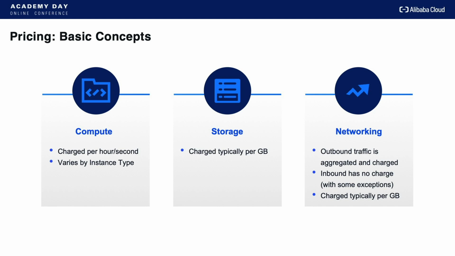Perhaps it's best to explain this concept with a simple example. Say you own a website and you choose to run your website on Alibaba Cloud. In order for your website to run smoothly, you'll need a cloud server to serve your content.